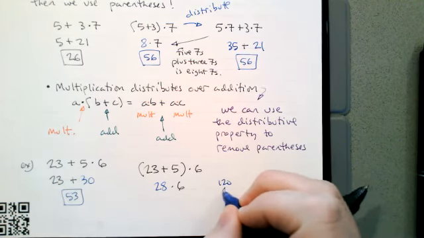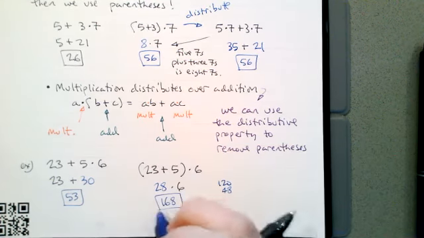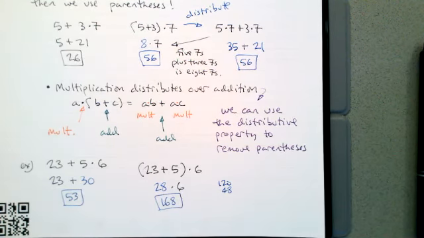And 6 8s is 48. So I think, is it 168? Yeah. 168. So this gives us an idea about how we can best use the distributive property to help us with things like 28 times 6.